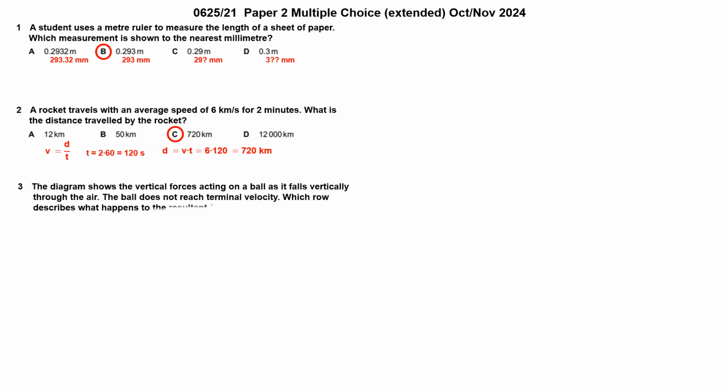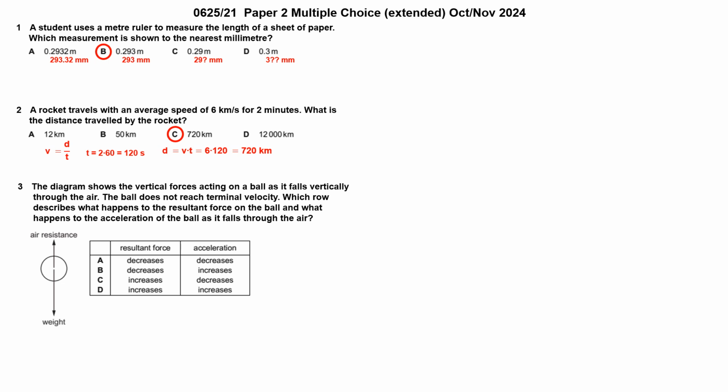Question 3. The diagram shows the vertical forces acting on a ball as it falls vertically through the air. The ball does not reach terminal velocity. Which row describes what happens to the resultant force on the ball and what happens to the acceleration of the ball as it falls through the air?